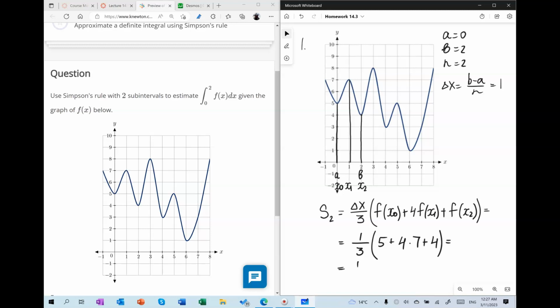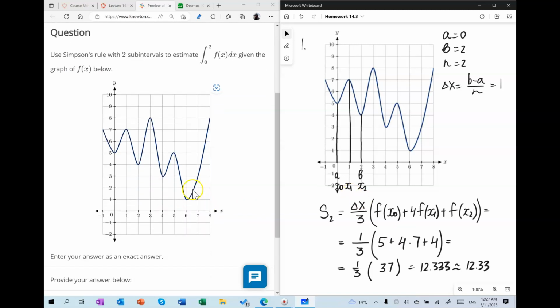So we get 1/3 times (5 + 28 + 4). Nine plus 28 is 37. So 37 thirds, that's just 12.33, etc. So if we have to round, we'll round it like this.